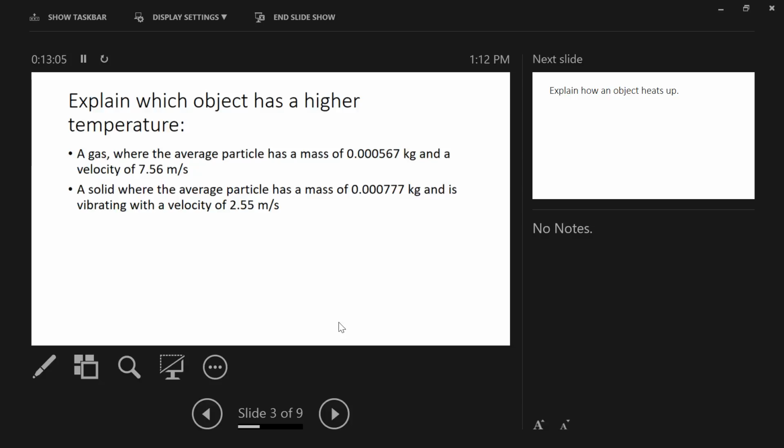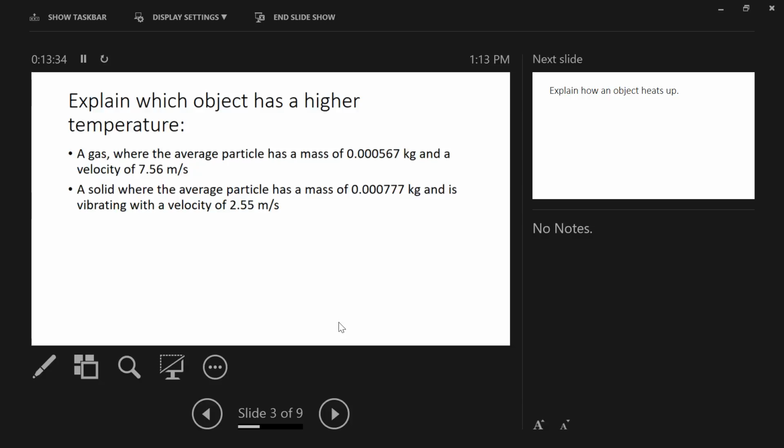Well, our tools, we remember that temperature is the average kinetic energy. We have a tool for calculating kinetic energy. What is it? Kinetic energy is equal to 1/2 mv squared. 1/2 the mass times the velocity squared, or the square of the velocity.